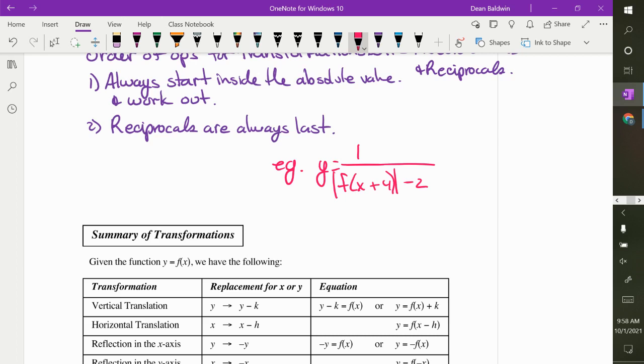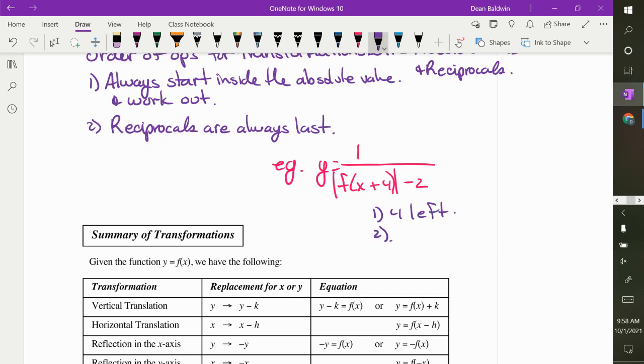So I asked you to sketch this graph. I gave you the original. I said do these transformations. You start inside the absolute value and you work your way out. So inside the absolute value, what would be the first transformation you run into? Minus 4. So we're going 4 to the left. So your first step would be 4 left.